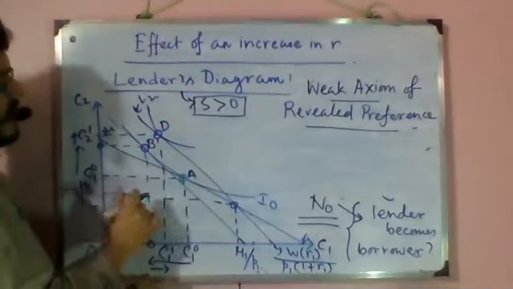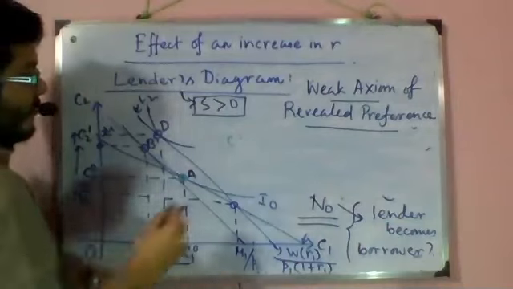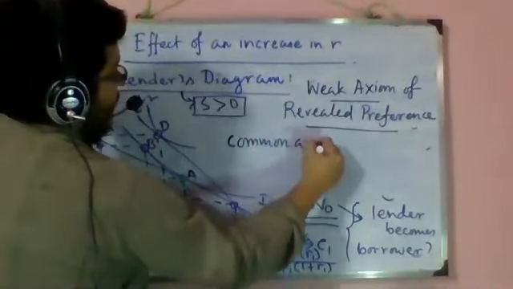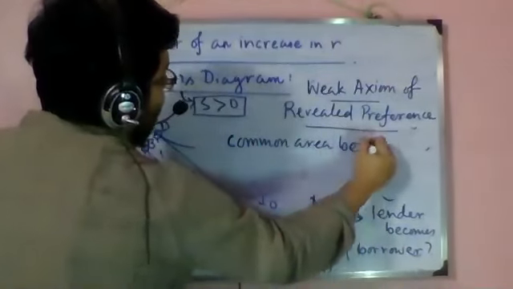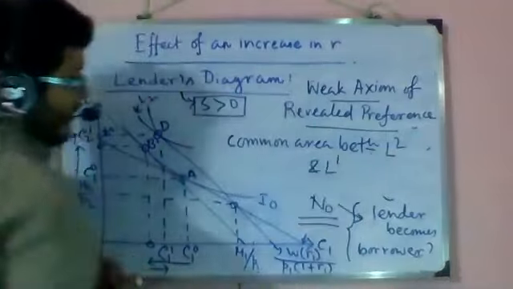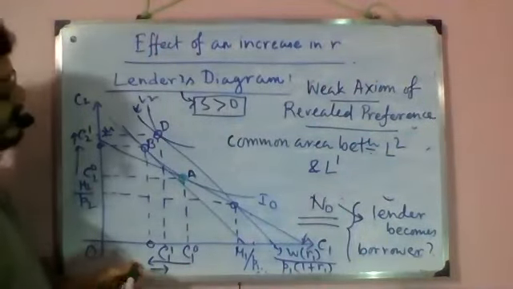the common area between L2 and L1, that is the area which is available in both cases.